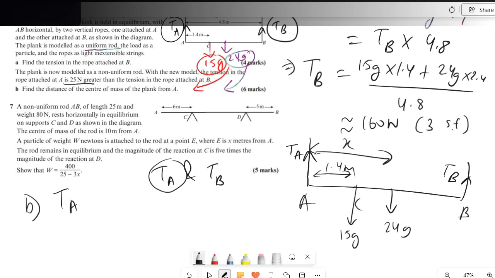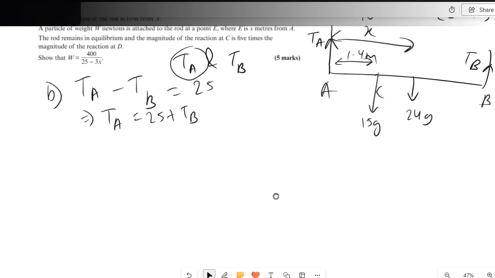If I take the difference of both these tensions, the difference is going to be 25. So we can make tension at A the subject and say that TA is equal to 25 plus tension at B. And this is an expression of tension at A in terms of tension at B.